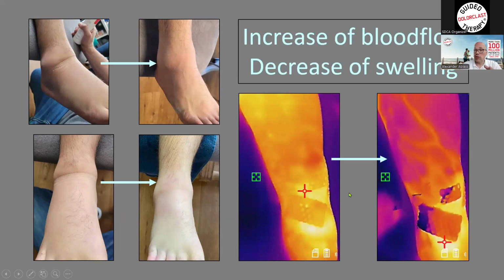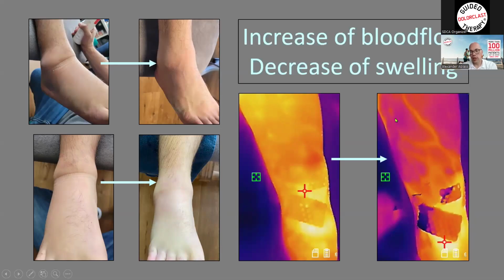What I like to do sometimes is to show my patients these thermography pictures to see what is actually happening after shockwave. So this was an ACL rupture, very, very hot leg. And this was the picture after the shockwave.